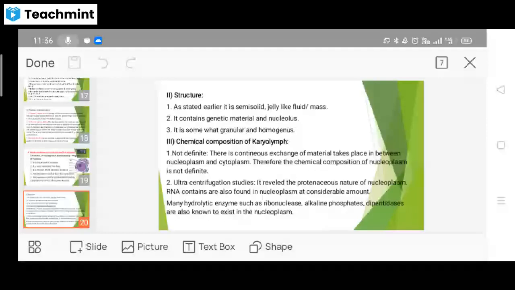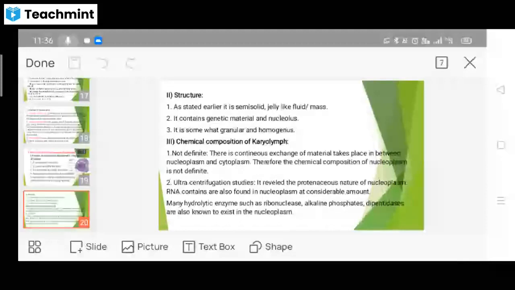In some forms it is a homogeneous structure. So this is about the structure: a semi-solid, jelly-like fluid, and this whole nucleoplasm contains the genetic material and nucleolus.